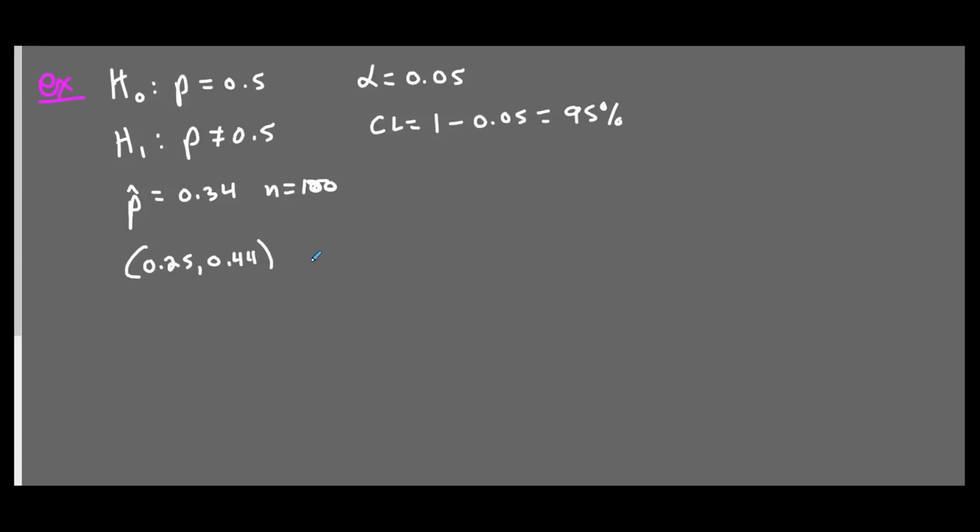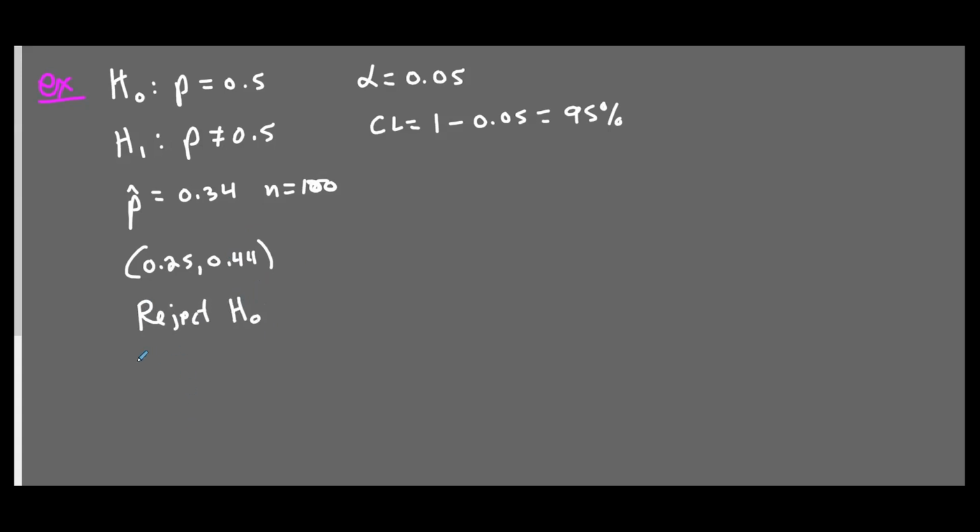So is 0.5 in this interval? It's not, right? So we're 95% confident that the population proportion is between 0.25 and 0.44. So the assumption that p is equal to 0.5, we think it's likely not correct. So we're going to reject the null hypothesis.